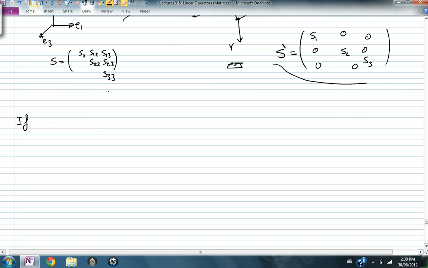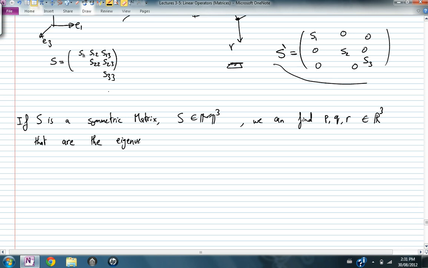If S is a symmetric matrix, and S is a 3 by 3 matrix, then we can find P, Q, R, 3 vectors that are the eigenvectors of S, and P, Q, R are orthonormal.